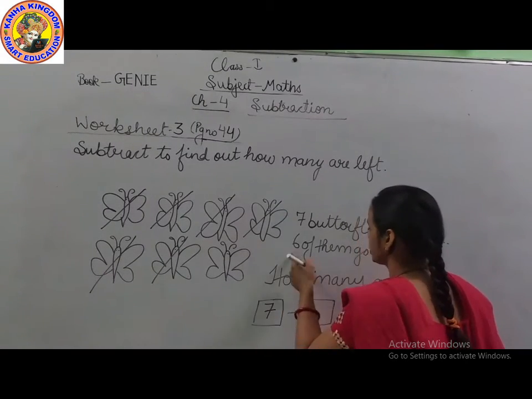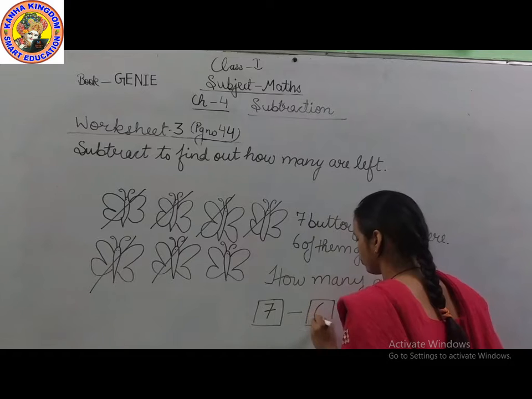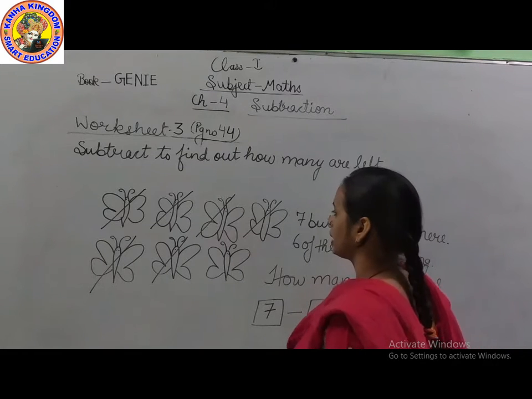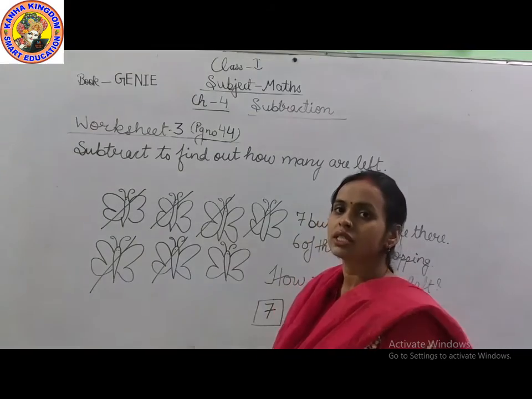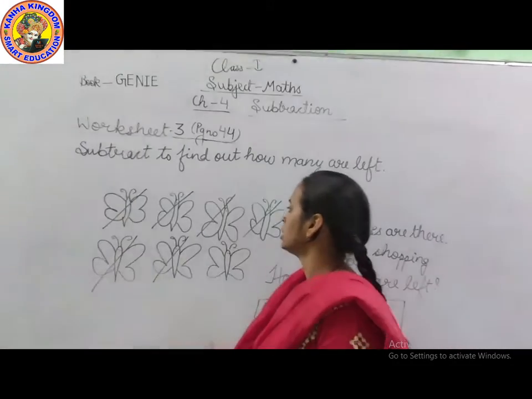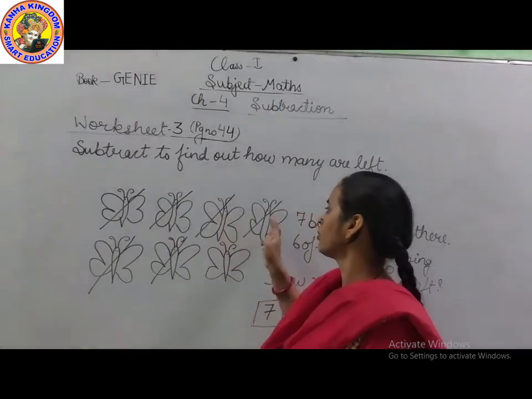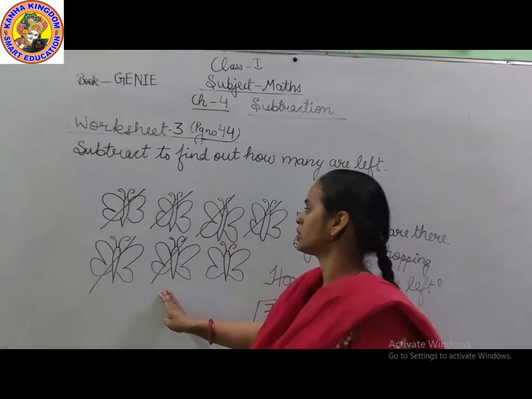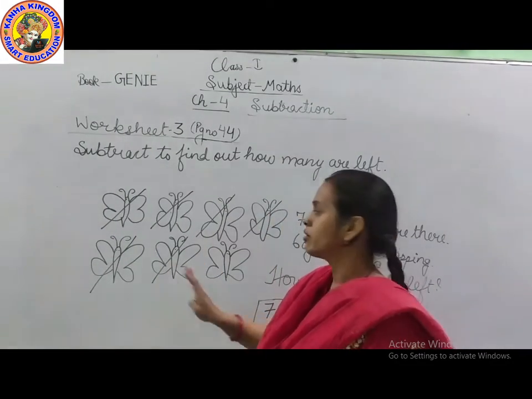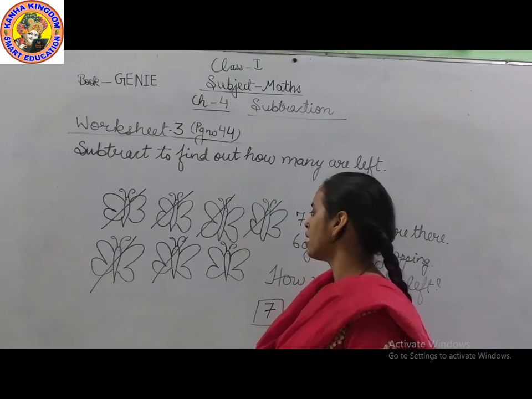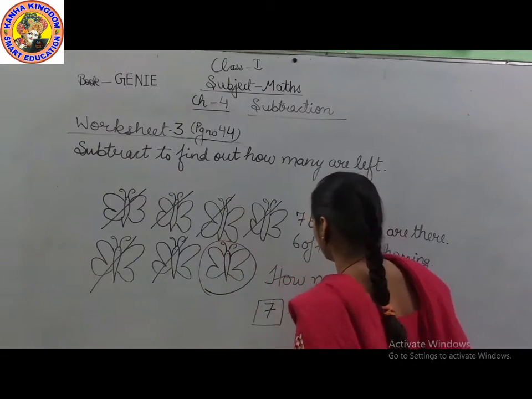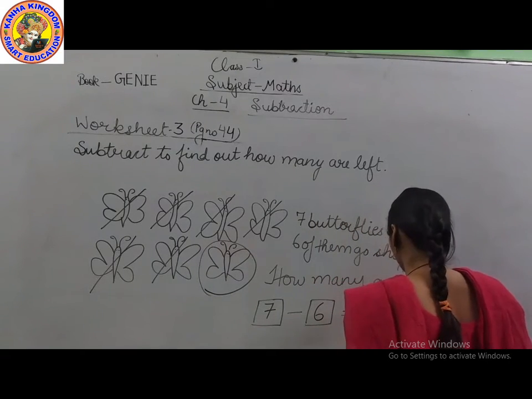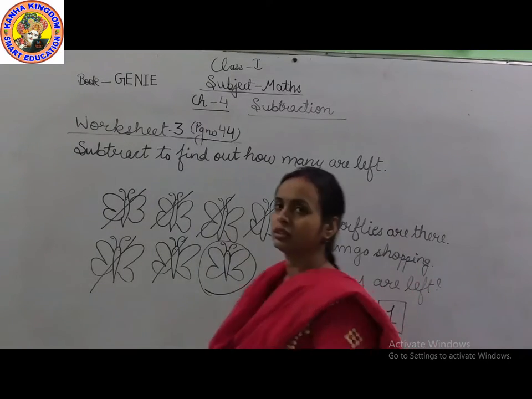In 7, 6 of them go shopping. So 7 minus 6. So we take away 6 from 7. So 1, 2, 3, 4, 5, 6. So 7 minus 6. How many are left? Only 1. So 7 minus 6 equals to 1.